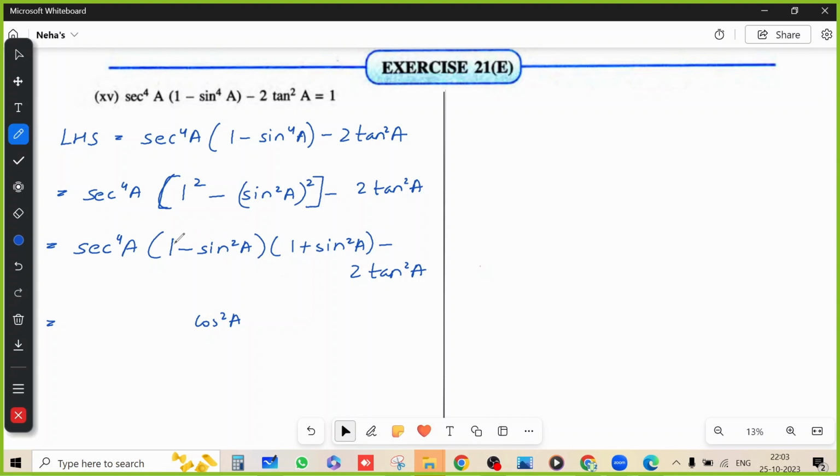Therefore cos square theta is equal to 1 minus sine square theta. Sec raised to 4A can be written as 1 divided by cos raised to 4A, as sec A is equal to 1 by cos A, and 1 plus sine square A will be written as it is.